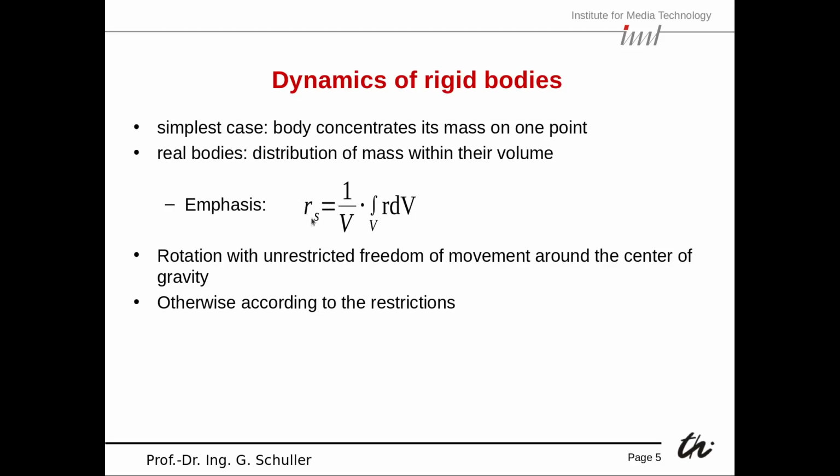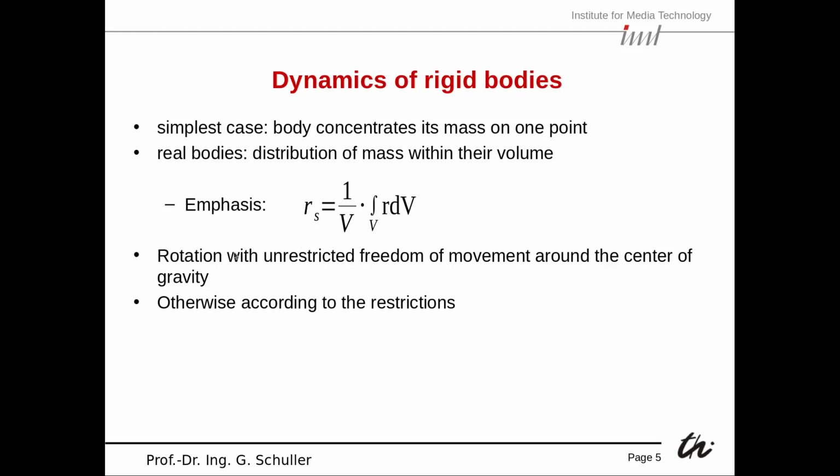And here we have the center point here, and we basically would concentrate the mass on the center point, and r is basically the vector which points to this center point. Right, so this is basically the equation to compute this center point.